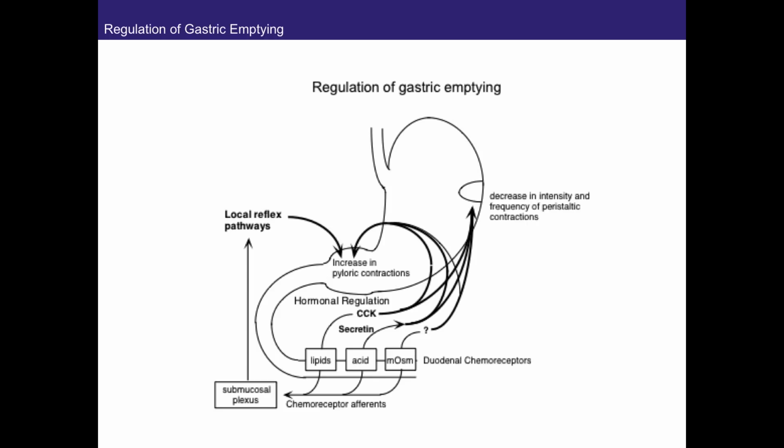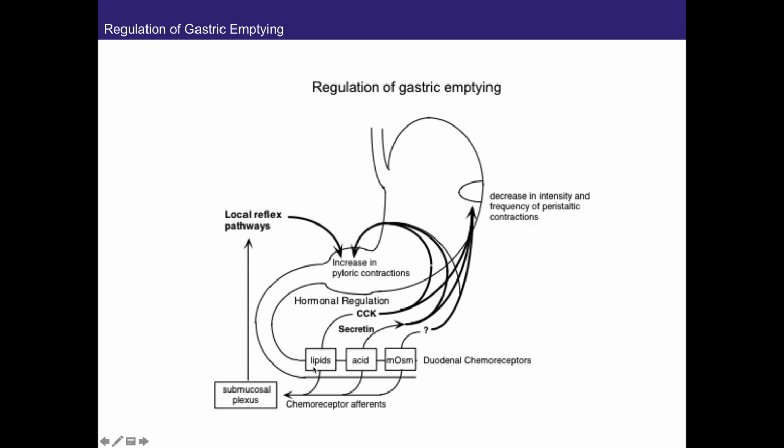Okay, so there are different sensors. Once you get a little bit of food into the small intestines, this is called the intestinal phase, you have these sensors that are going to sense lipids, acid, and just solute, right? Anybody remember the cells that detect lipids?